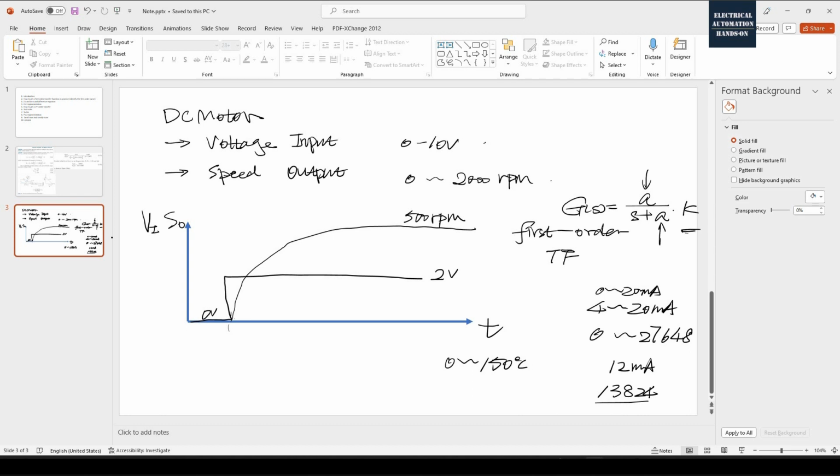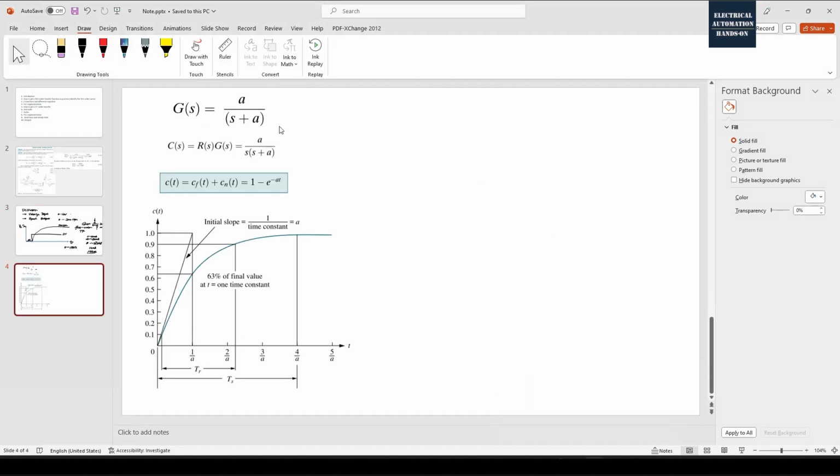We need to recall some knowledge from control theory. From control theory, this G(s) is the first order transfer function. If we apply a unit step signal to this first order transfer function system, then the response will be this, C(s).